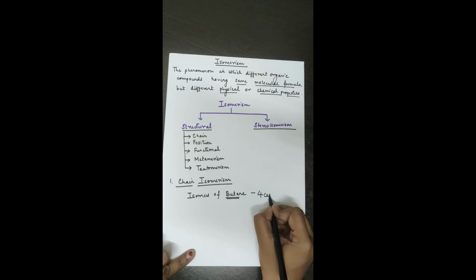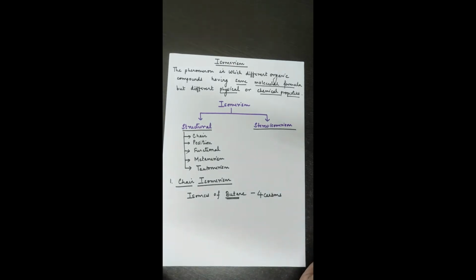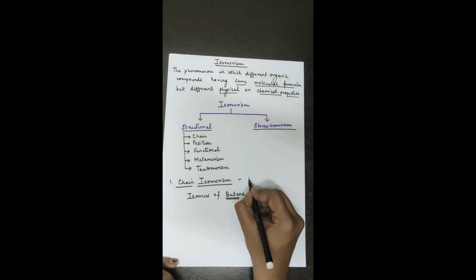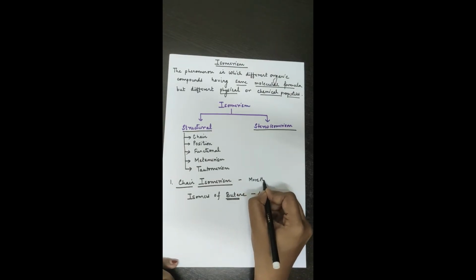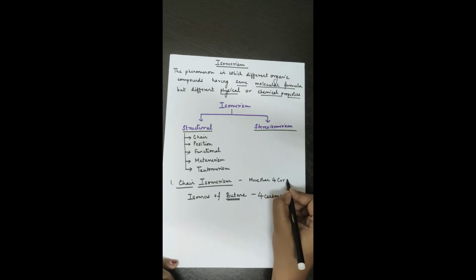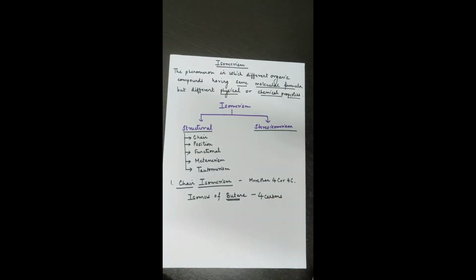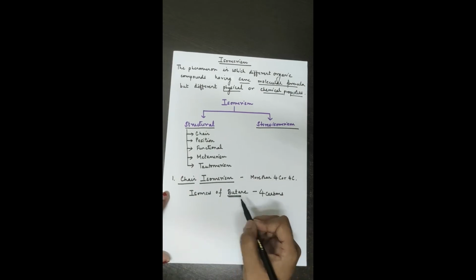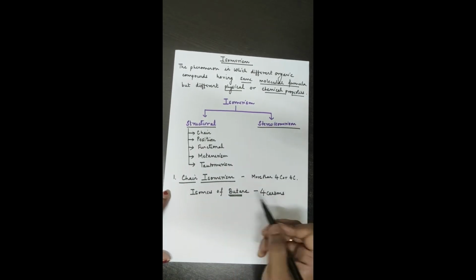Butane is 4 carbons, right? Now, chain isomerism would be exhibited by any example if it has 4 carbons or more than 4 carbons. So, either 4 carbons should be present, or you can have more than 4 carbons for any given compound to exhibit chain isomerism, right? So, if we talk about butane, how will we decide the molecular formula? How will we predict it?